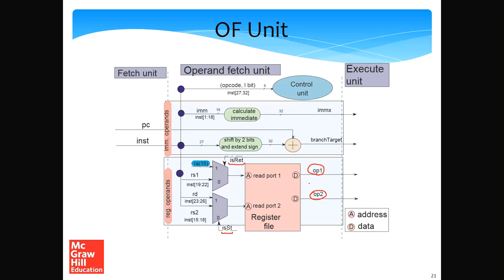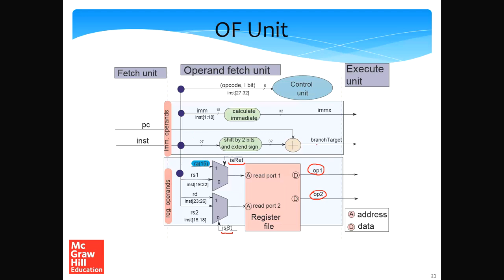In the case of a normal ALU instruction, they contain the first and second register source operand. And if it's a return instruction, op1 will contain the return address. And if it's a store instruction, op2 will contain the register whose value needs to be stored, and op1 will contain the base register. So in any case, let's refer to these fields as op1 and op2.